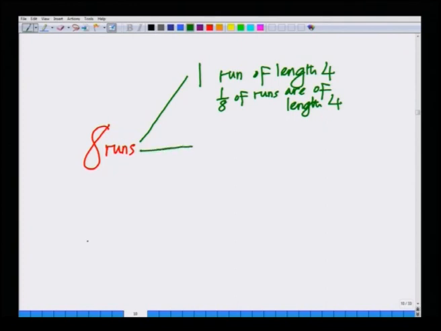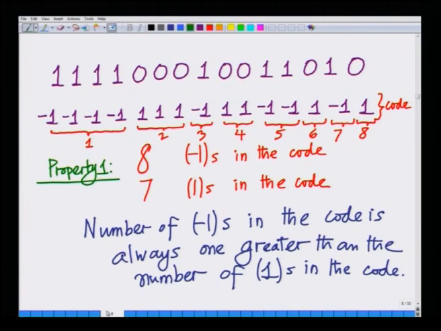Out of these 8 runs, 2 are of length 2. Look at this, there is one run of 1s of length 2, and one run again of length 2, which comprises 2 minus 1s.